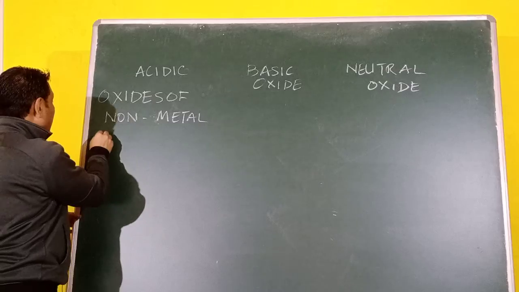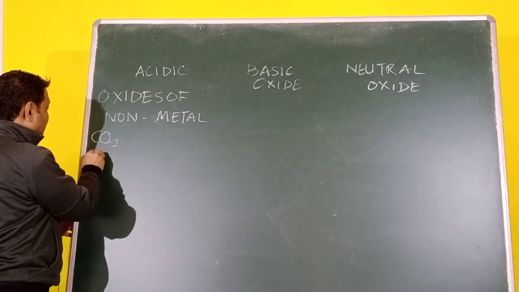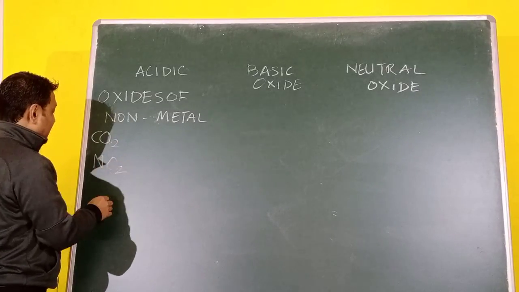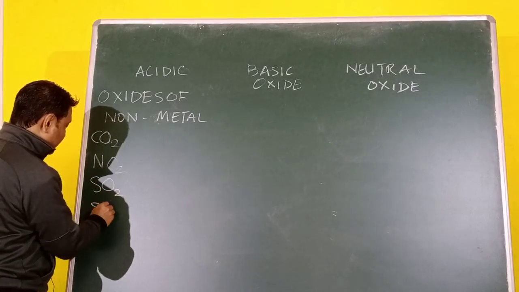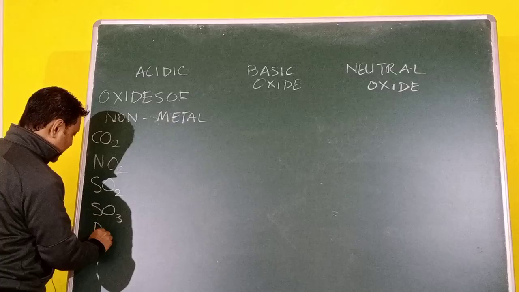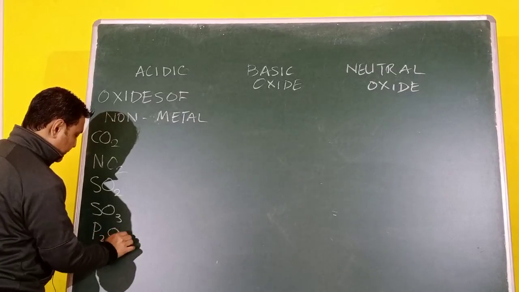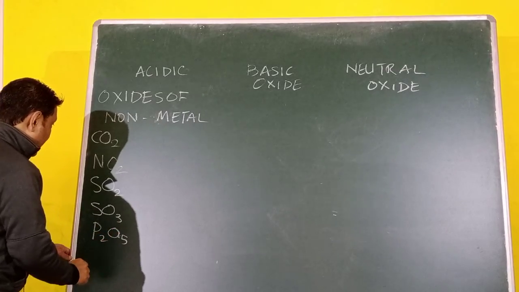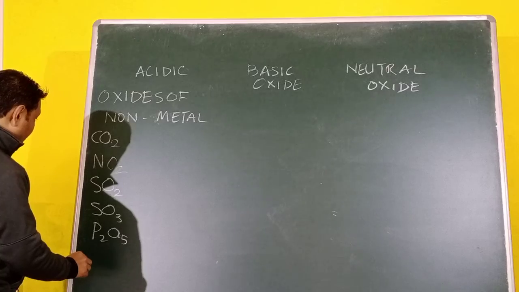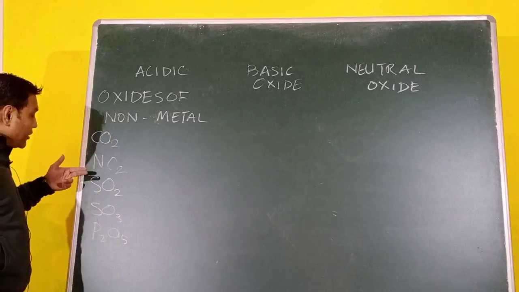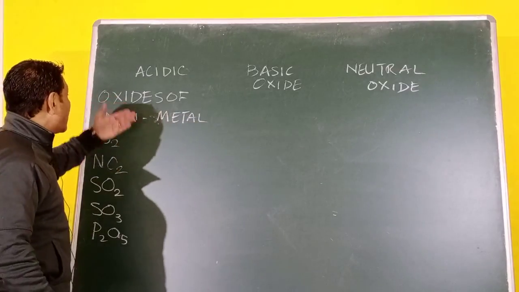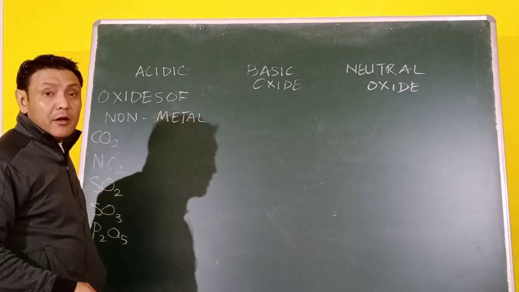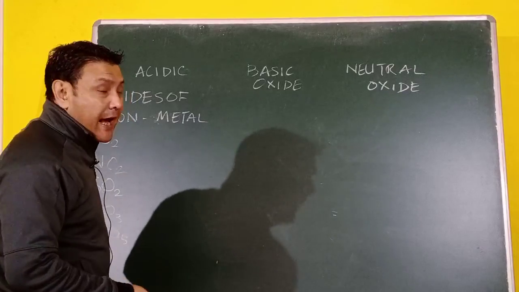For example, carbon dioxide, nitrogen dioxide, sulfur dioxide, sulfur trioxide and phosphorus pentoxide. They are basically the oxides of non-metals. So oxides of non-metals are acidic in nature.